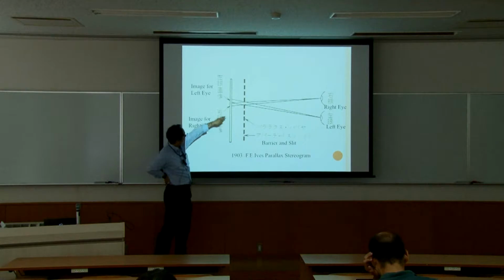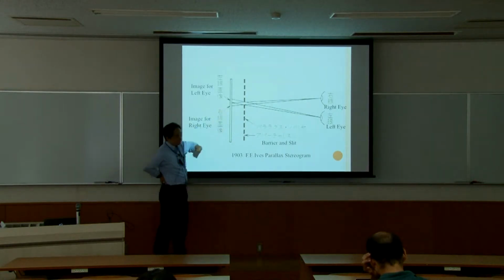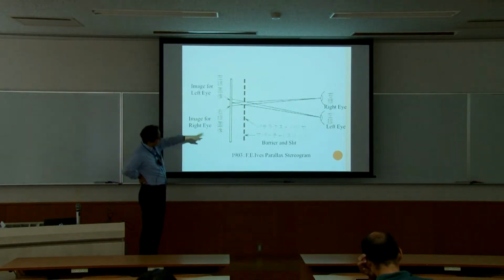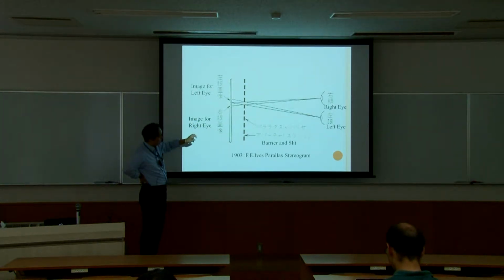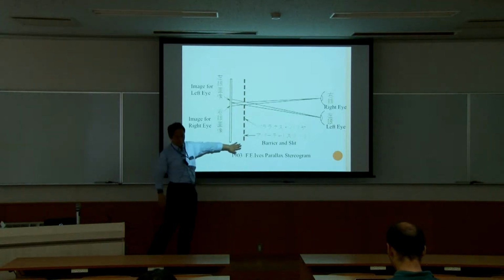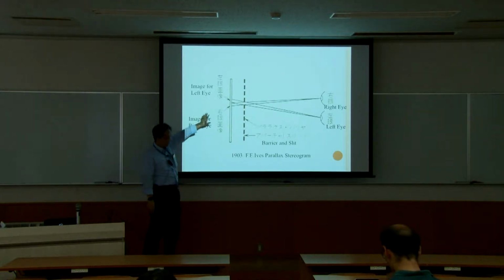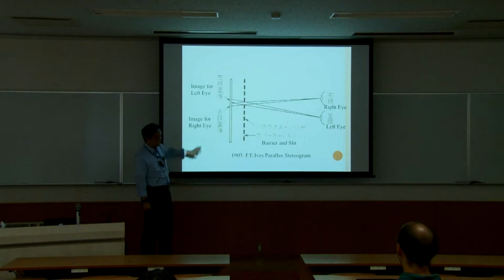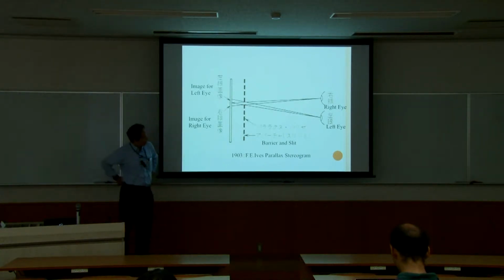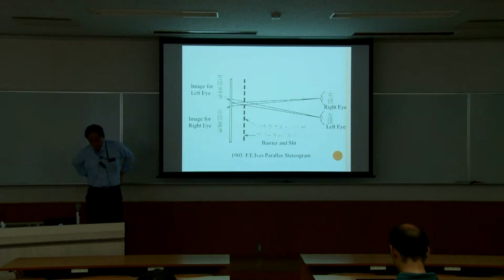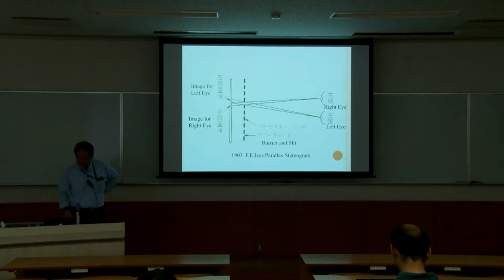And the left eye only sees this part, this part. So in short, the left eye image and right eye image are separated using this barrier and slit. This is a very simple principle, but in 1903 Ives invented this kind of 3D display. This is the very first one.